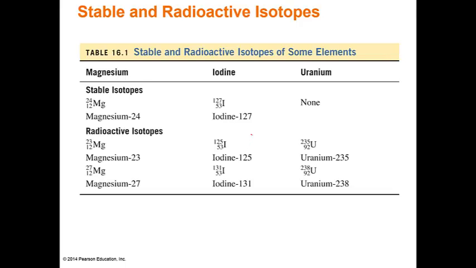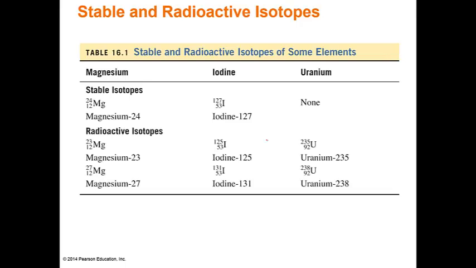Uranium does not have any stable isotopes, meaning that it is radioactive from the word go. If we look at magnesium, we have two other isotopes that are unstable, magnesium-23 and magnesium-27. Magnesium-24 is stable, meaning that it's not radioactive. But magnesium-23 and 27, like iodine-125 and 131, are both radioactive.